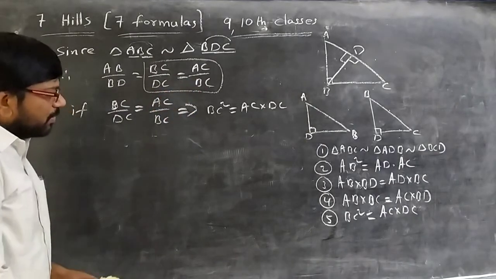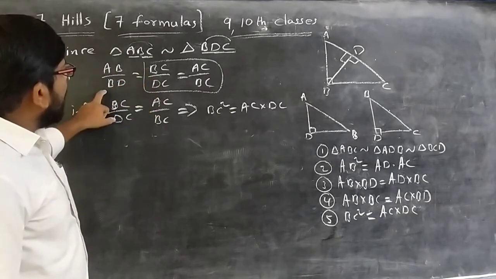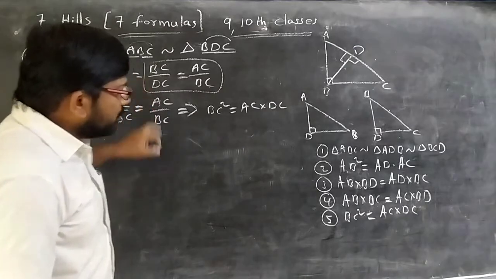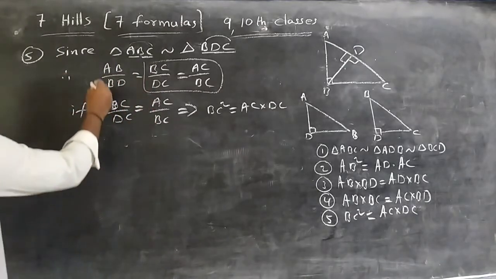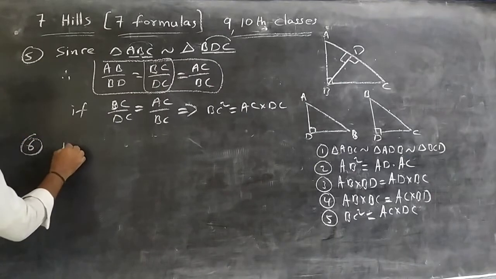Next, by taking these two, AB by BD and BC by DC, that is the sixth one.